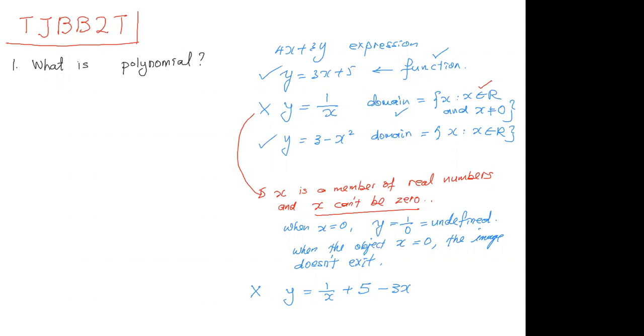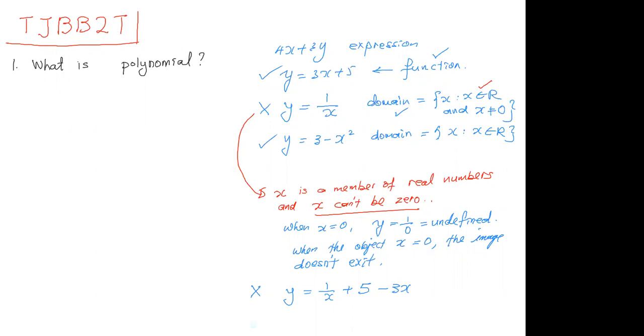So who can explain to me what is a polynomial? Is it something that doesn't include fractions? Okay, something that doesn't include fraction. So I can also give you this is a polynomial, because the word that you use, I'm trying to lead you to the right thing.